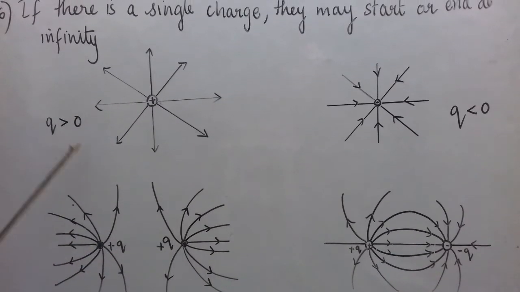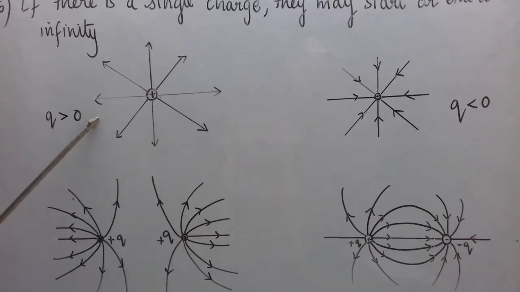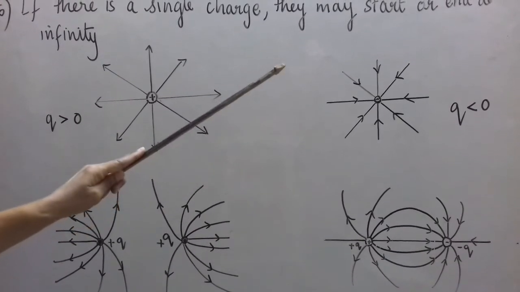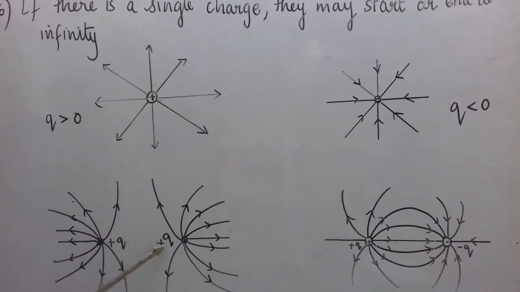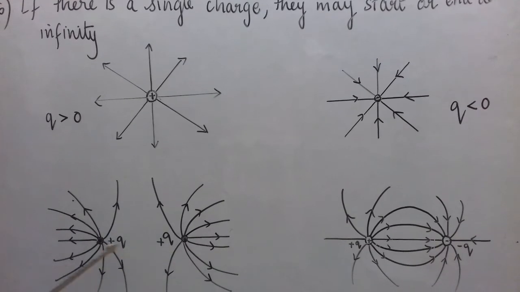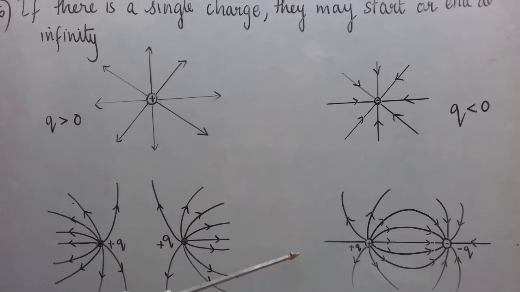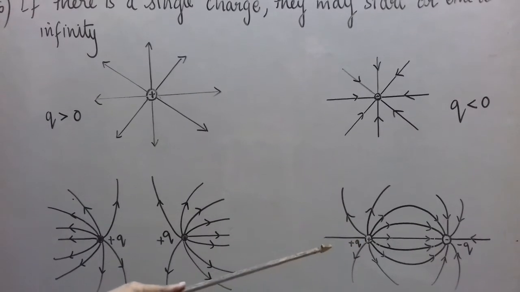So I have drawn here 4 electric field regions: one due to a positive point charge, another due to a negative point charge, this one due to a pair of 2 point-like equal charges separated by some distance, and here a system of 2 point charges which are equal and opposite.